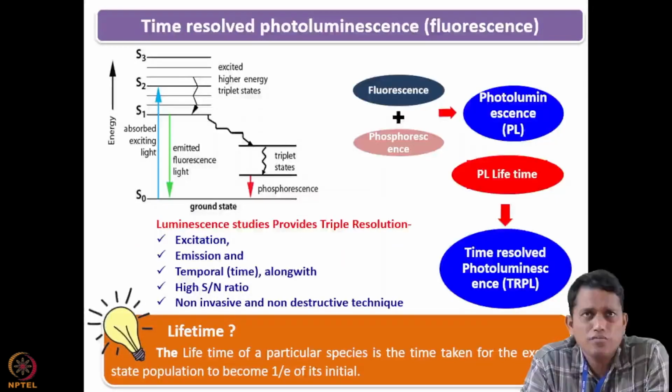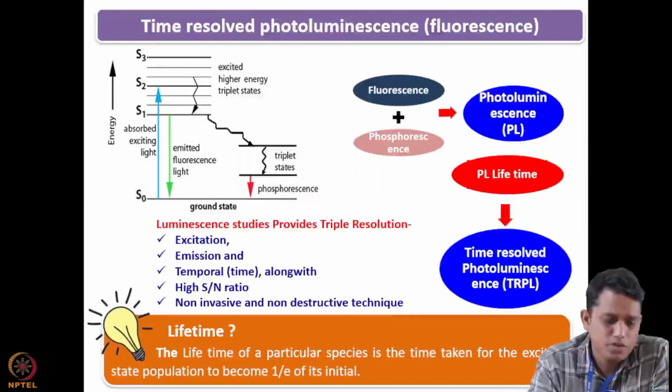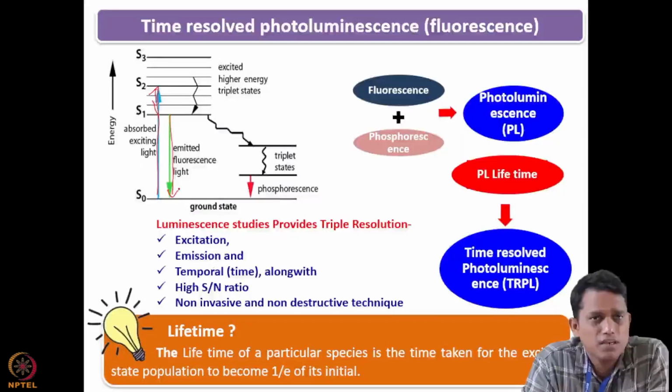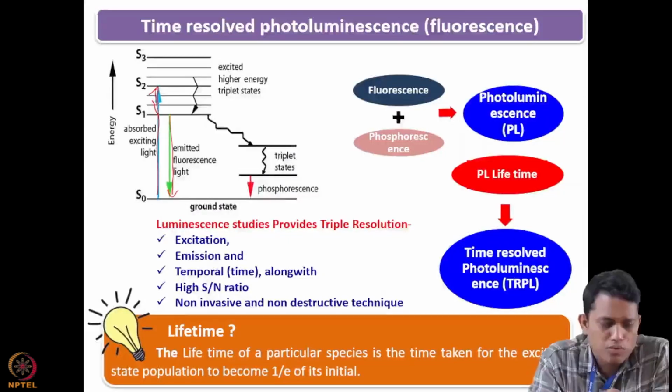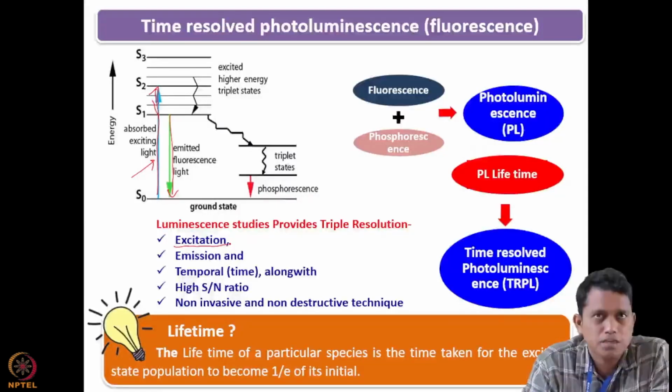When we excite with some photons, what kind of information can we get? You excite from the ground state to the excited state, and then it emits. So what kind of spectra can we record? We can record the excitation spectra, the emission spectra, and besides that, we can also record lifetime.